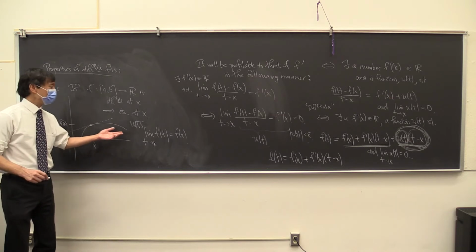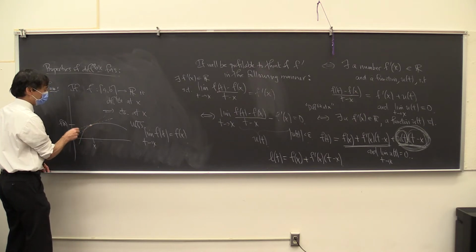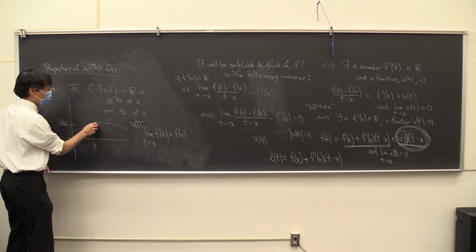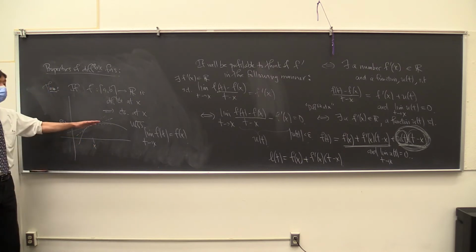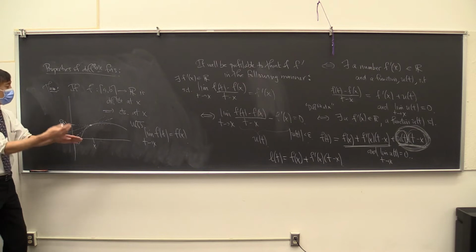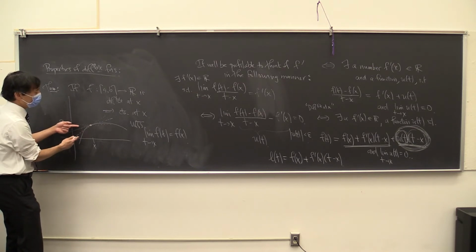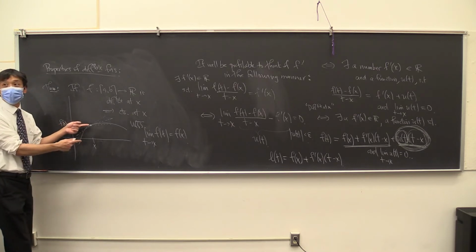One way we could do it, pictorially it's kind of obvious, because you know that you can trap the function between this bow tie thing, and the top of the bow tie and the bottom of the bow tie both go to f of x.